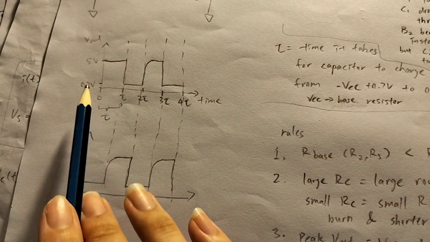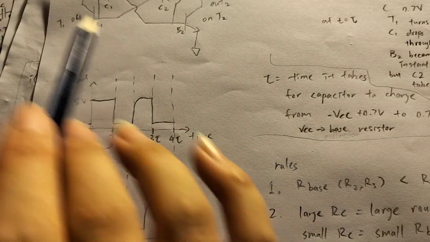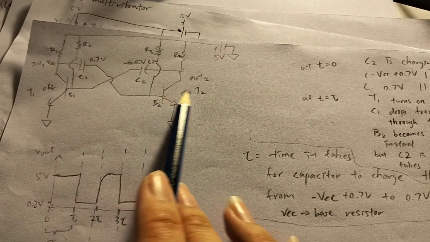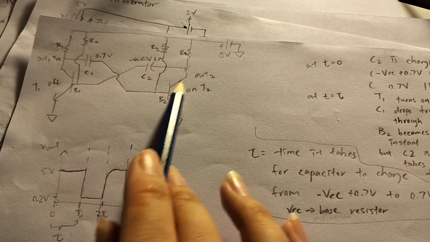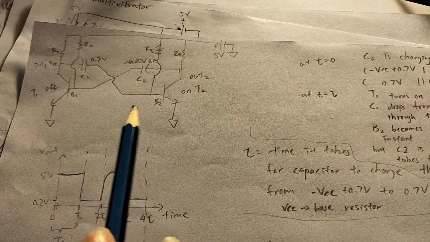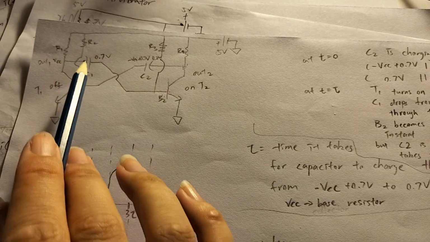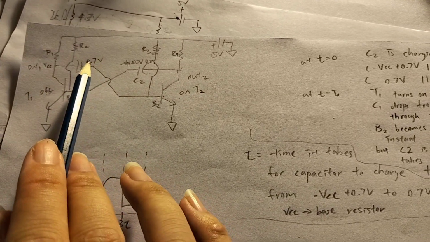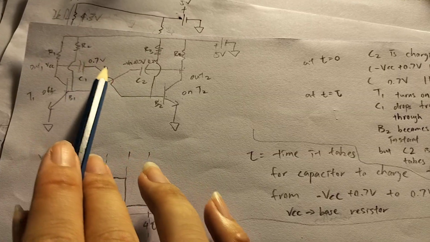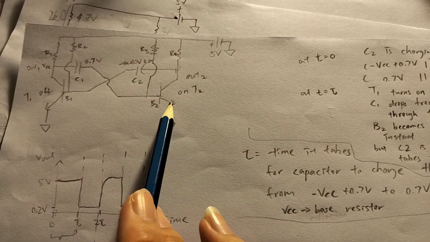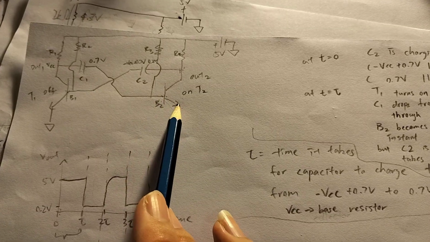So at time t equals 0, let's assume that this transistor T2 is on, and this transistor T1 is off. The voltage across the capacitor at this point is 0.7 volts facing this transistor because it's tied to ground through the base-emitter PN junction.